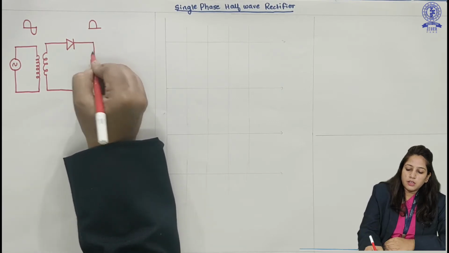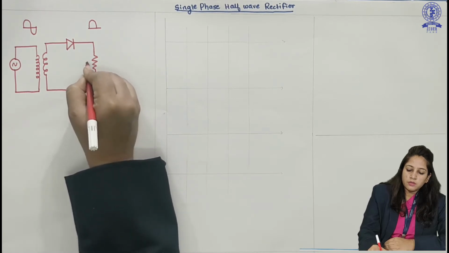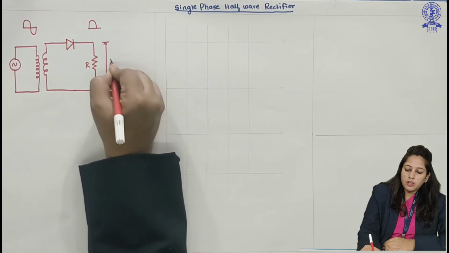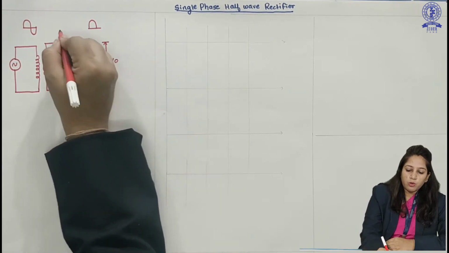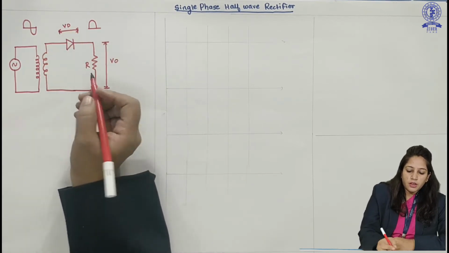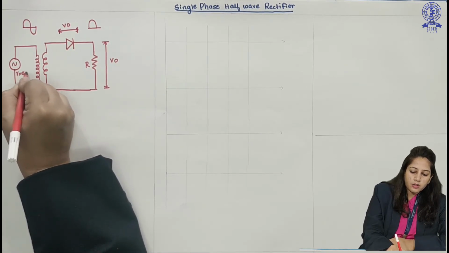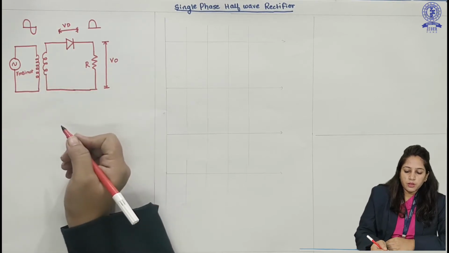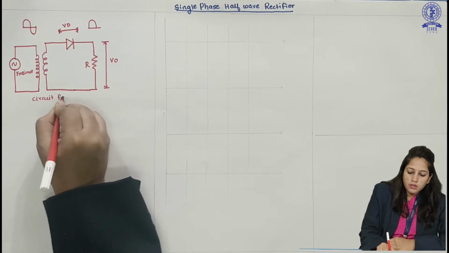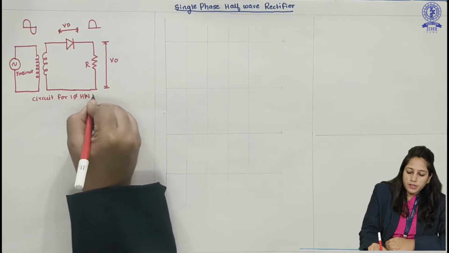Load I will consider here as a resistive load, an R load, and the voltage across this will be the output voltage. The voltage across the diode will be VD, and the input voltage will be Vm sin omega t. So this is the circuit for a single phase half wave rectifier.